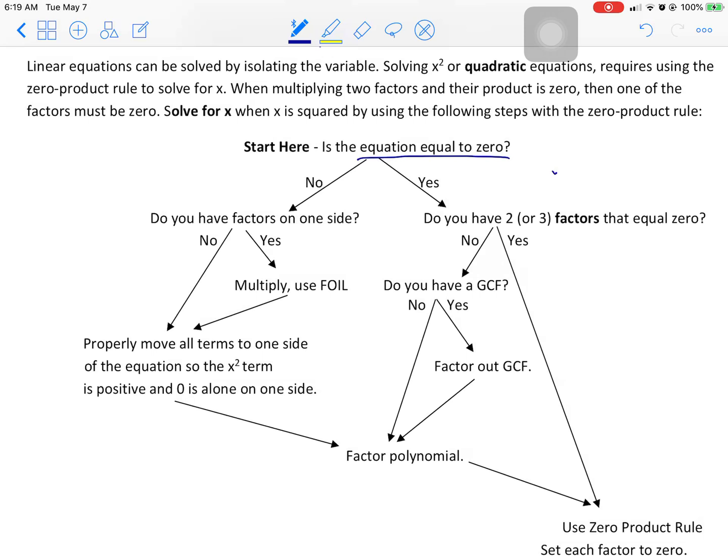In that last problem we had 2x plus 4 and x minus 5 equals 0. Yes, it's equal to 0. Do you have factors that equal 0? That's a factor, that's a factor, because this binomial is multiplied by this binomial. So yes, I have factors that equal 0. If you have factors that equal 0, you can go right to the zero product rule.